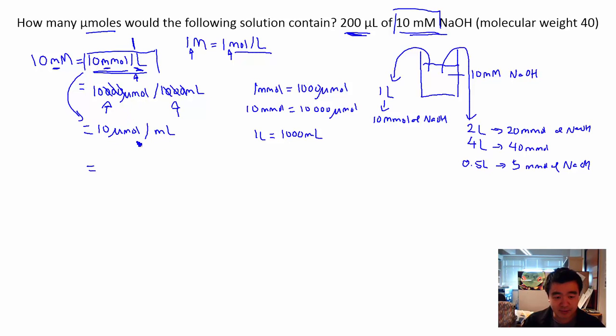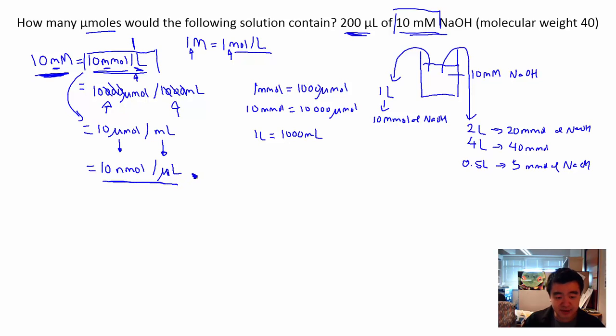So let's jump 1 more level. We've got 10 micromoles per mil. This will actually be 10 nanomoles per microliter. We're just jumping the milli down to micro, and the micro down to nano. So this is telling us that a 10 millimolar solution can be expressed like this.